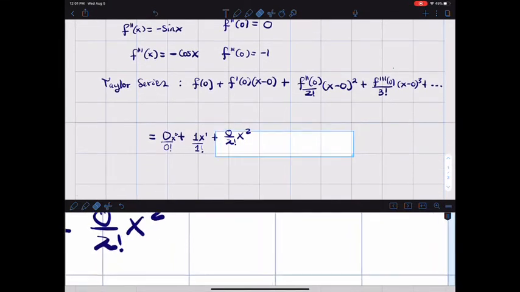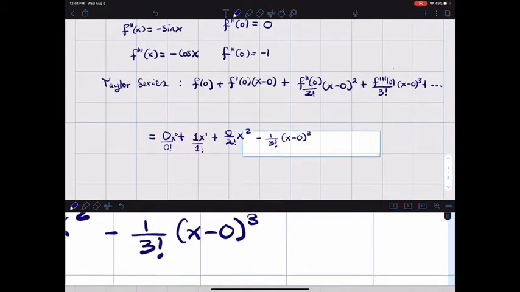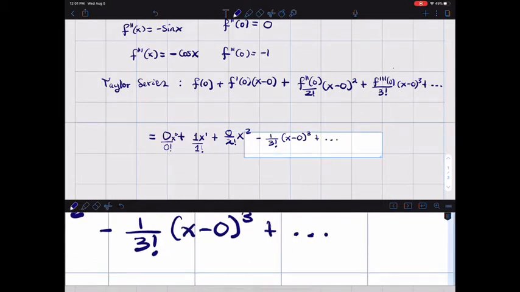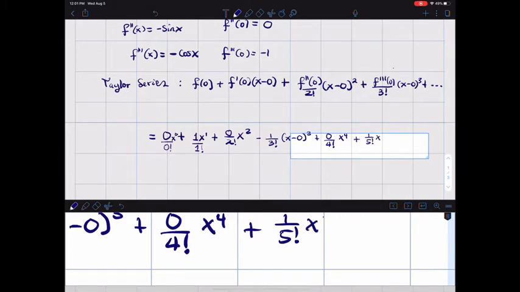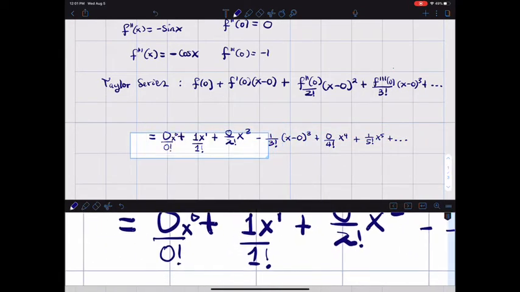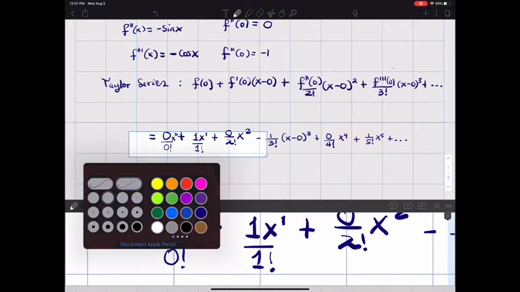So we have minus 1 over 3 factorial times x to the power of 3, and so forth. If we follow that pattern, we see that this is going to be 0 over 4 factorial times x to the power of 4 plus 1 over 5 factorial x to the power of 5, and so forth. So there's a pattern we see. But if you look at it, there's a lot of zeros here, so we see that this is gone.